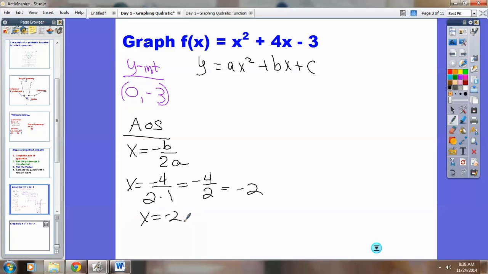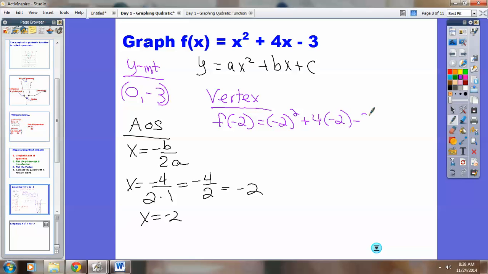And 4 times -2 is -8, minus 3. 4 plus a -8 is -4, and -4 minus 3 is -7. Remember, the vertex, like the y-intercept, is an ordered pair, so your answer needs to be written as such. The x-coordinate of our ordered pair is what we found x to be, -2, and the y-coordinate is -7.